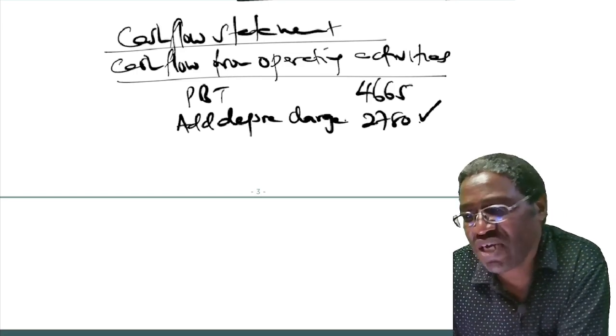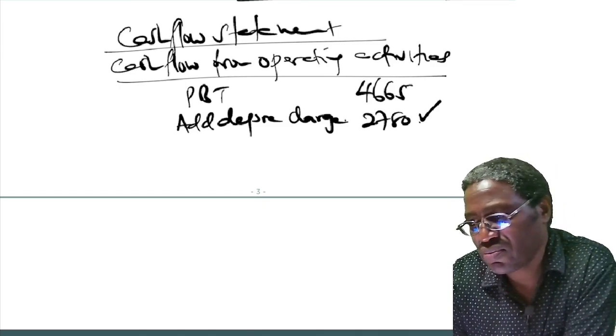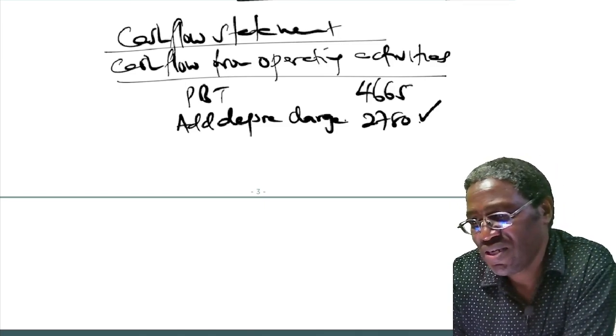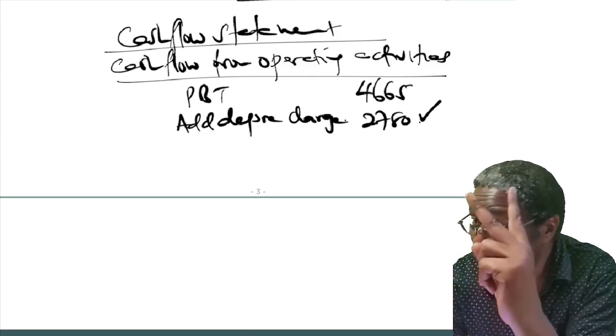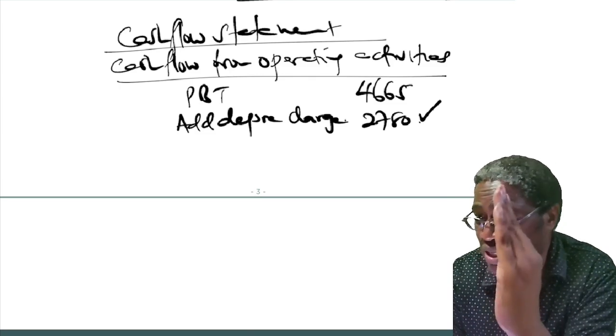Now, tell me this. What is this other non-cash item that you will never miss in any question? I said 2 non-cash items are things you will never miss in any question.